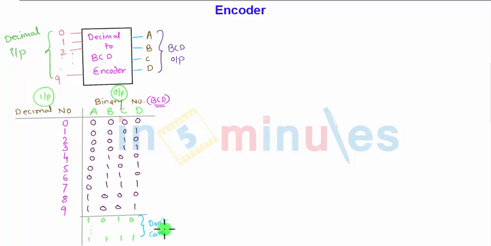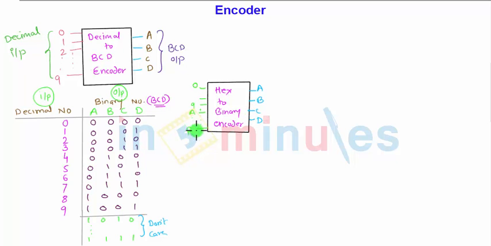This is the encoder. You can also convert a hexadecimal number to binary, in which you will have a hex input here, that is 0 to F. We have a separate box here, you can call it a hex to binary encoder, to which you have the hex inputs 0 1 2 3 4 5 6 7 8 9, after 9 comes 10, that is A to F. This is your hex input, and on the output side again you will get 4 bits, that is A, B, C, D, a 4-bit output.